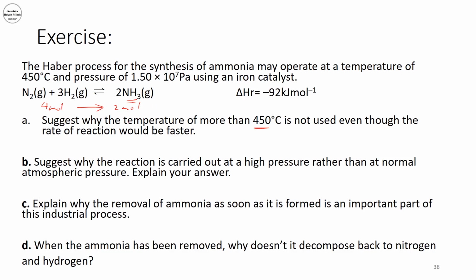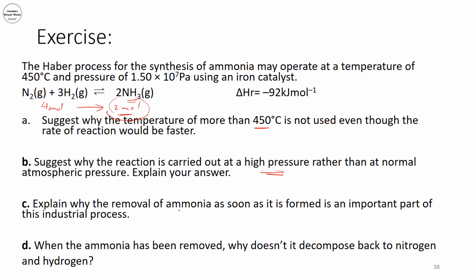This is why I don't increase the temperature. And why do I carry out this reaction at a high pressure? This is because if I increase the pressure, my reaction would be directed towards the fewer number of moles, and this would be my forward direction. So my reaction would be shifted towards the right if I increase the pressure.